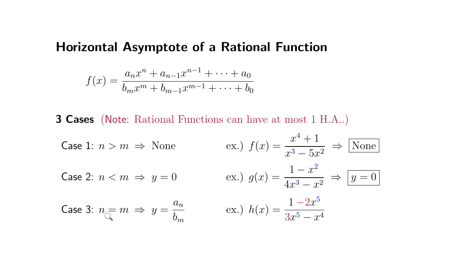If you have the same degree on top and bottom, then y is equal to the ratio of the leading coefficients. On top it's negative 2, divided by the leading coefficient 3 on the bottom. Therefore, the horizontal asymptote has the equation y equals negative 2 over 3. That's it. I hope that this was clear.